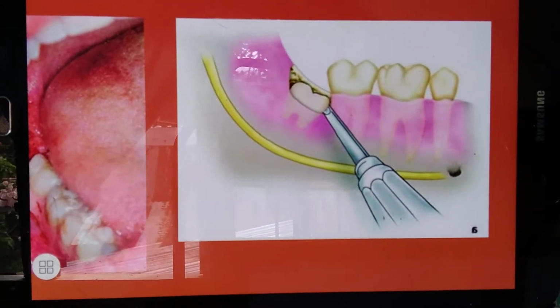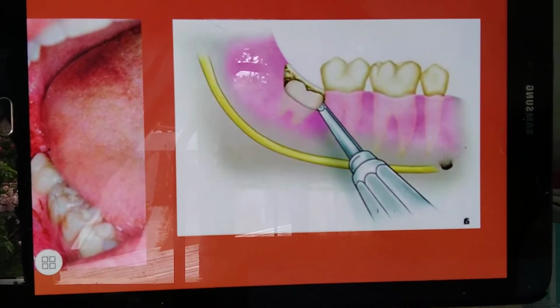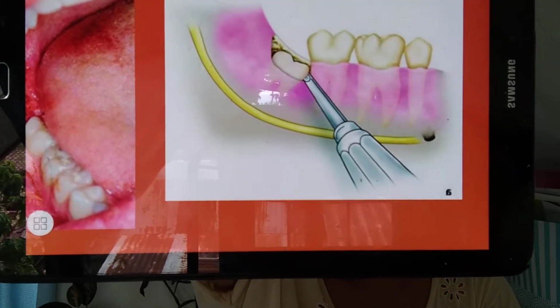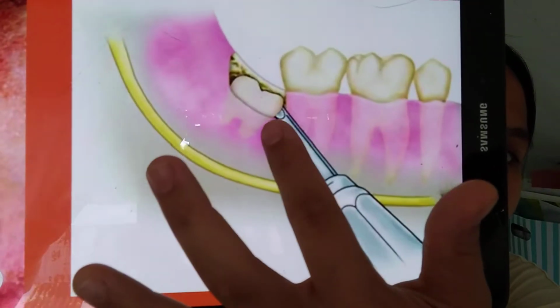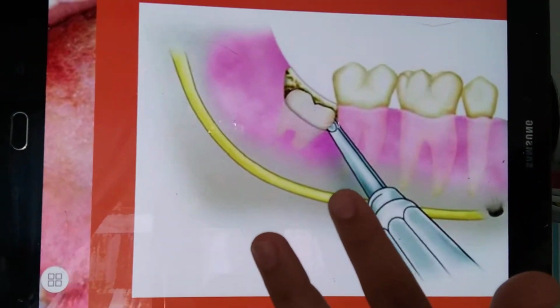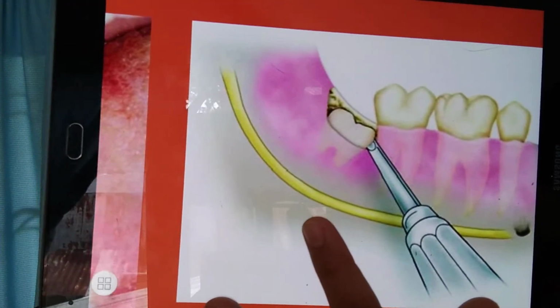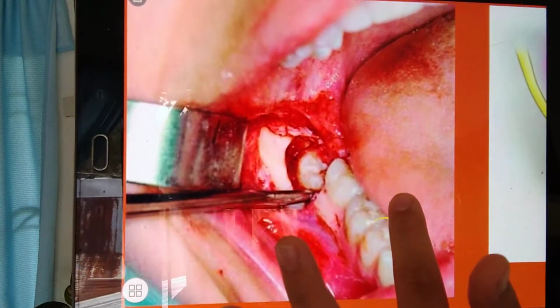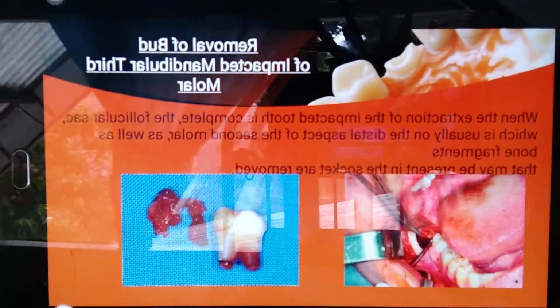After exposing the impacted tooth sufficiently, the straight elevator is placed in the mesial region of the tooth, and it is elevated with a rotational movement distally. Okay, this one. And then the extraction of the impacted tooth is complete.